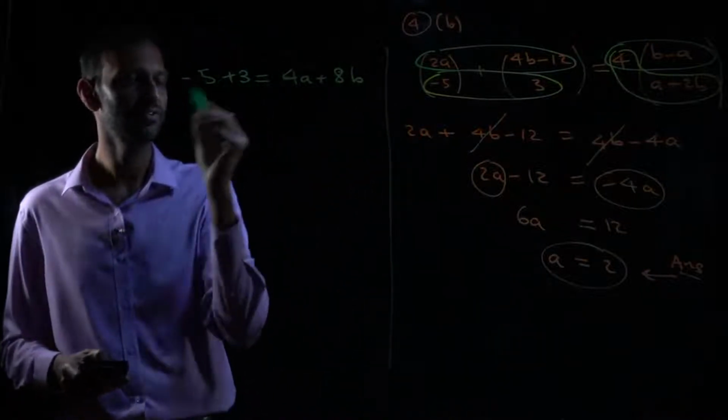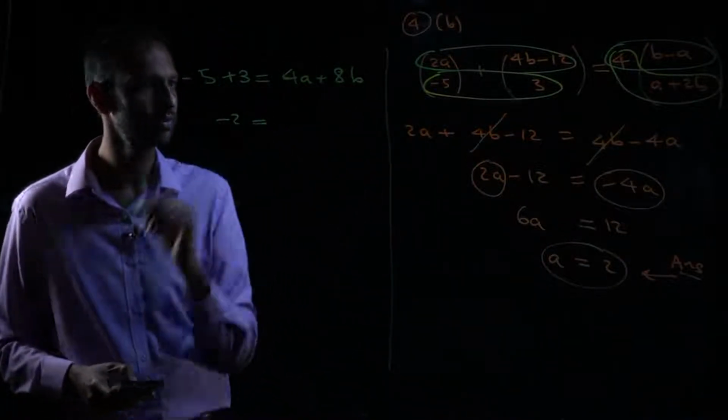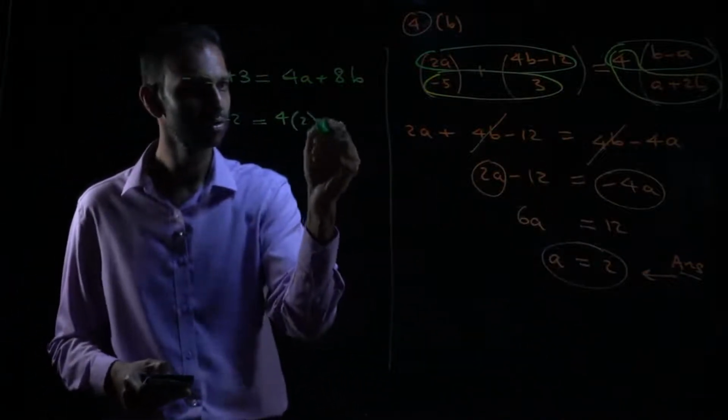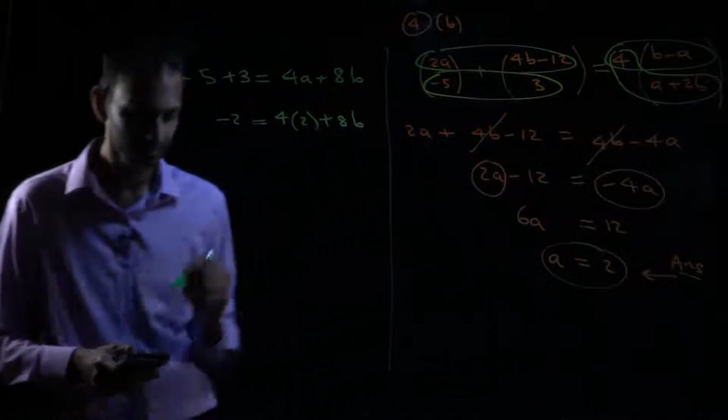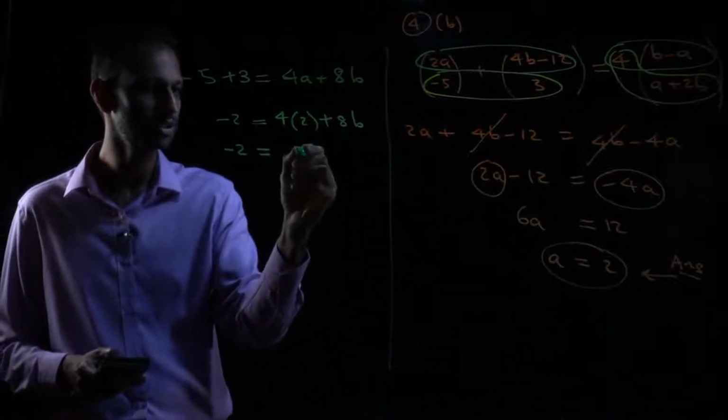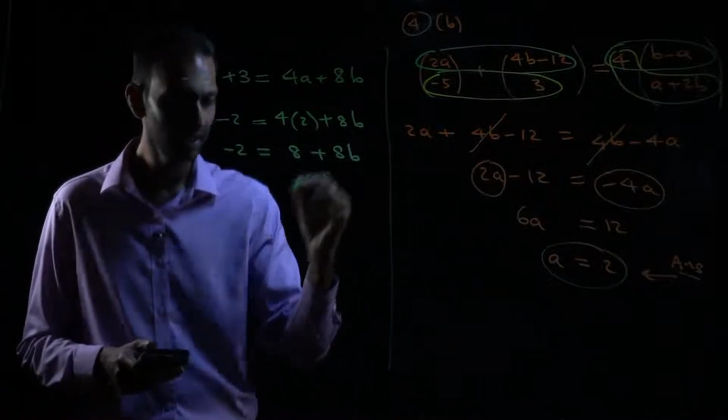Minus 5 plus 3 is minus 2. For the value of a, which is 2, plus 8b. So let us simplify. Minus 2 is equal to 4 times 2, which is 8, plus 8b.